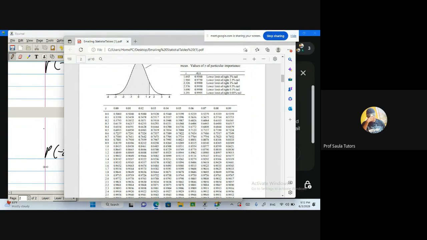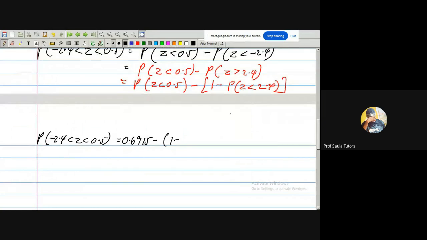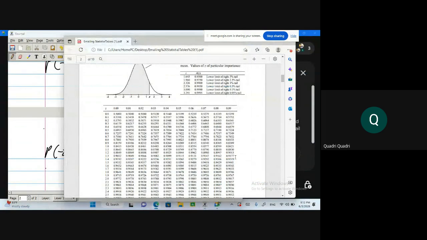But that gave you 2.4, not 2.4 something. It gives me 2.38 something.